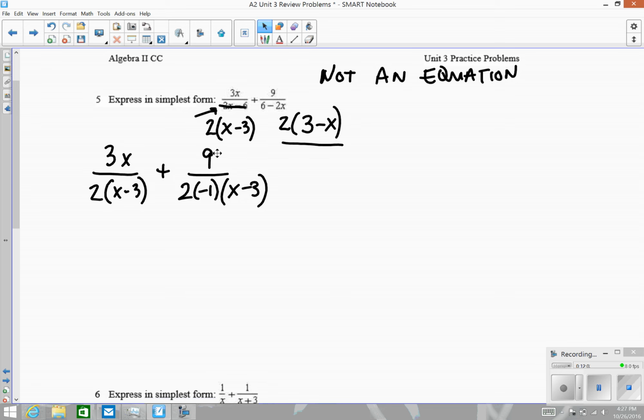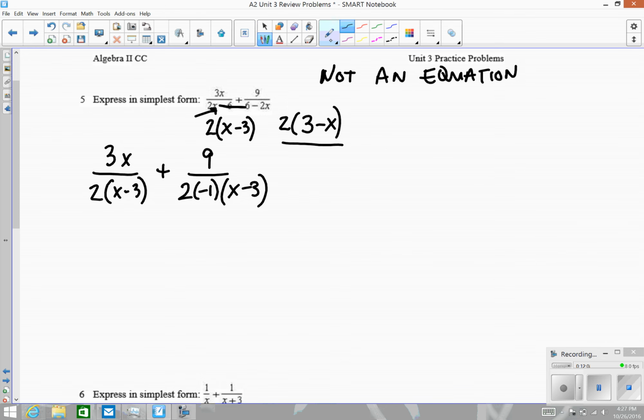What I can do is, looks like I've got to go back to my pen. I can simplify this. 9 divided by -1 is just -9. I could rewrite this.